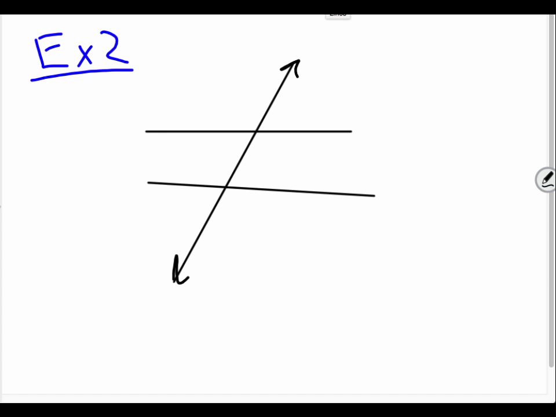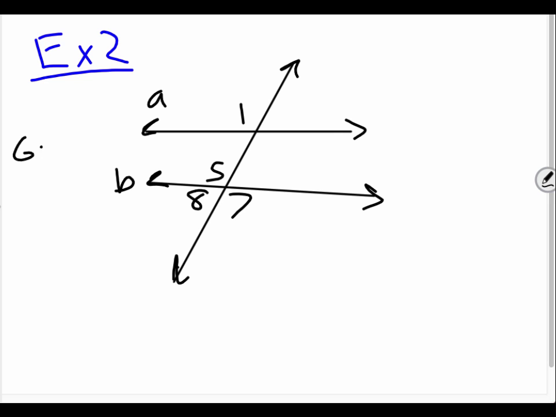So I have all these lines here. And notice I'm not going to say they're parallel. But we're going to prove it. So we have line A and line B. And it says that we have angle 1, angle 5, angle 8, and angle 7.